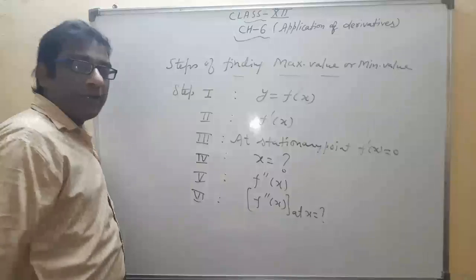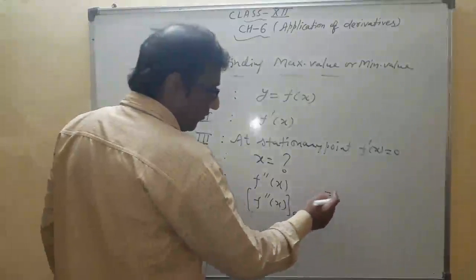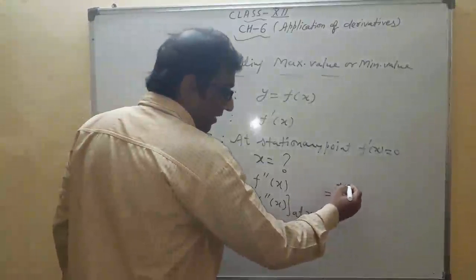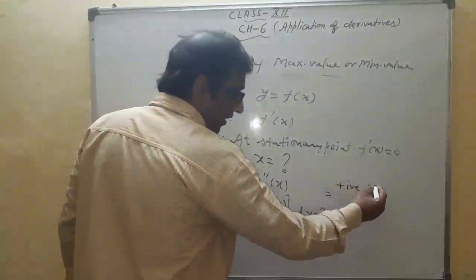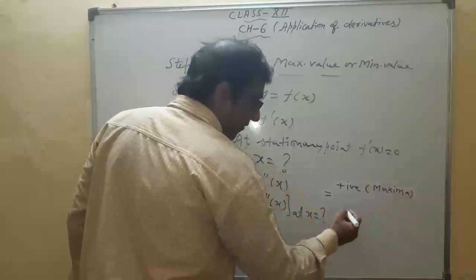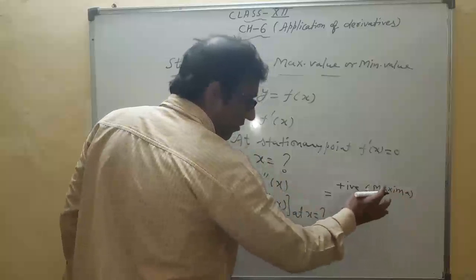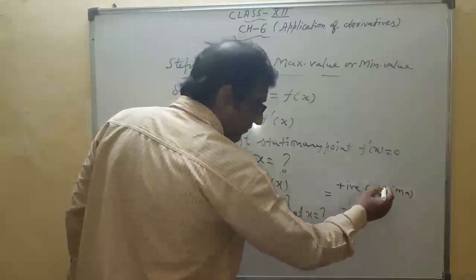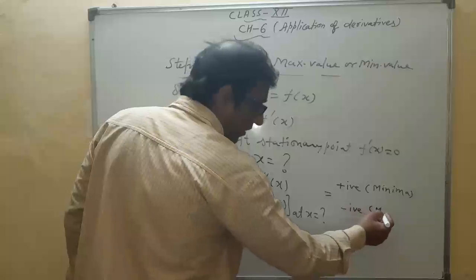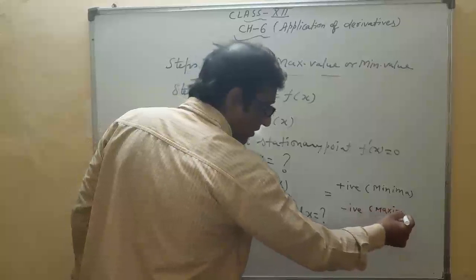So here we have to pay attention. After putting the value of x in the double differentiation, if we are getting a negative sign, then we can say the function is maxima here.